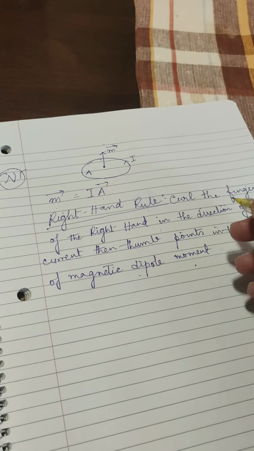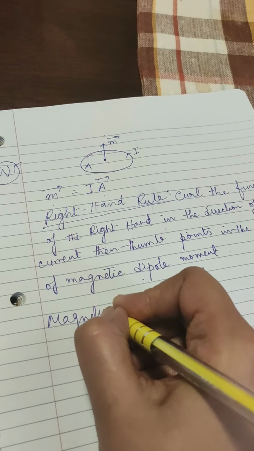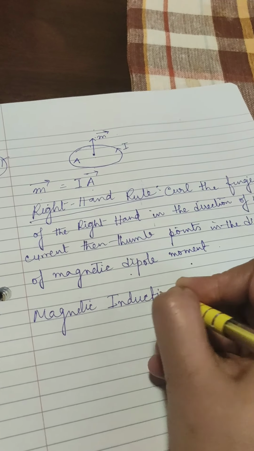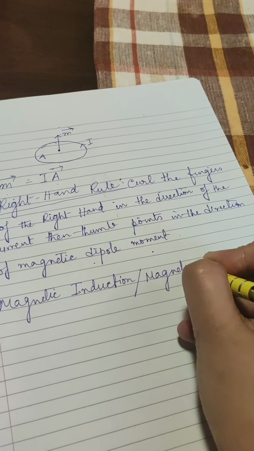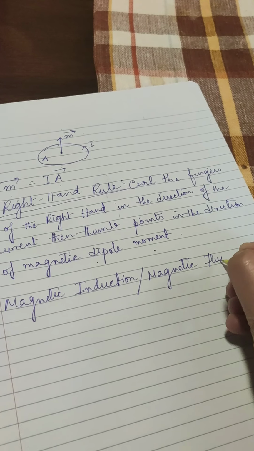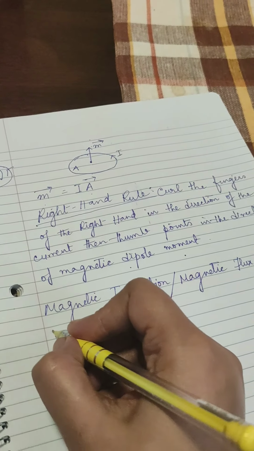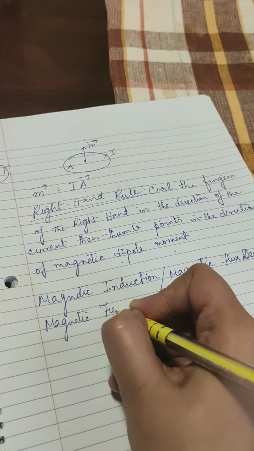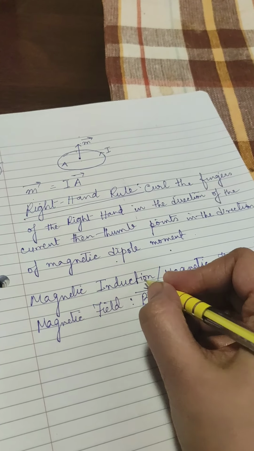Okay, now we will do the term magnetic induction, or magnetic flux density, or simply we can call it magnetic field, denoted with B. It is a vector field.